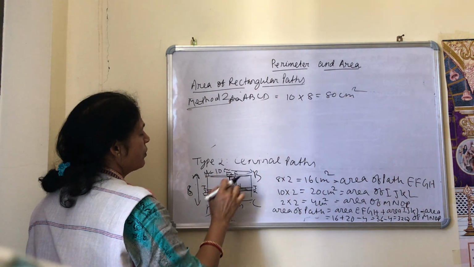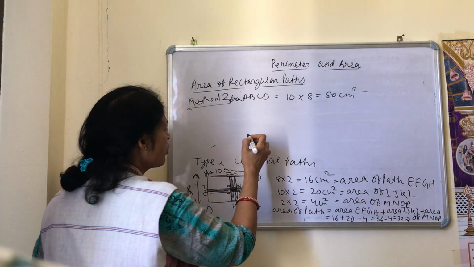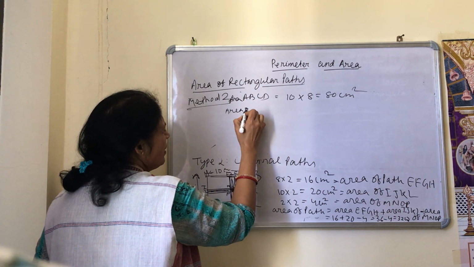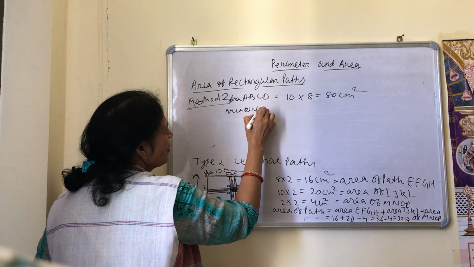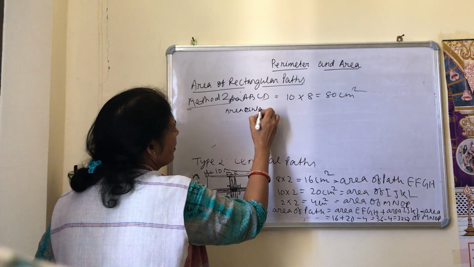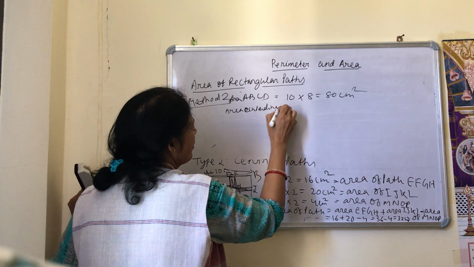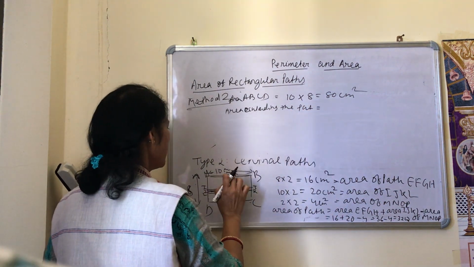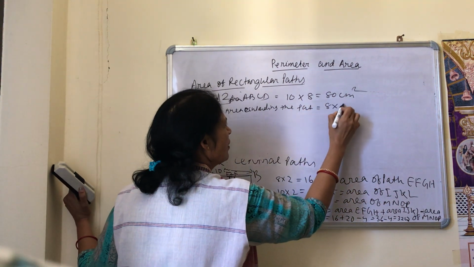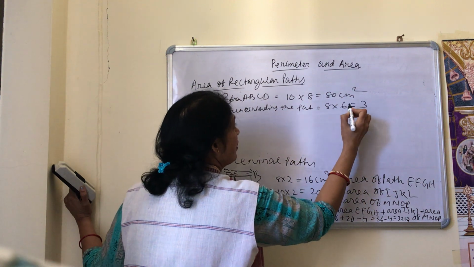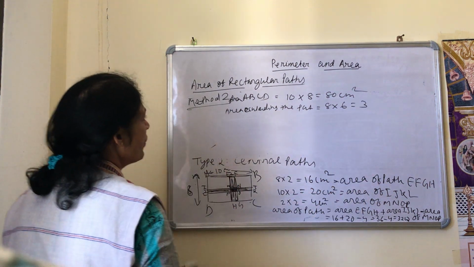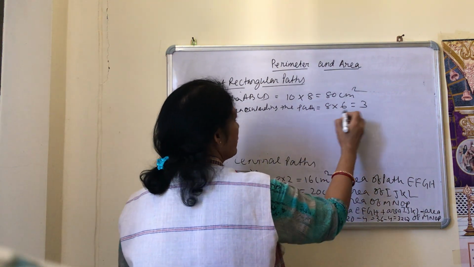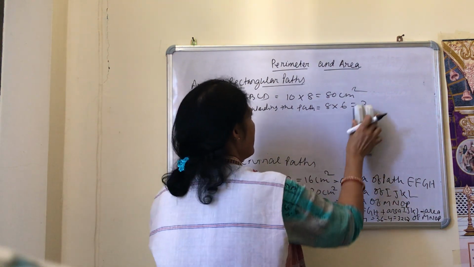So now the area excluding the path is 8 into 6, 48.